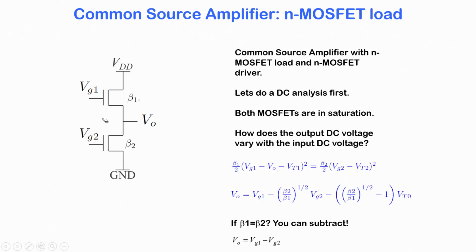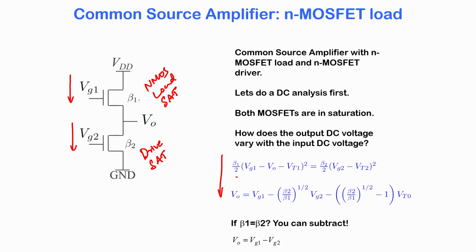So, in our attempt to increase RL, let us have a circuit which has two n-MOSFETs: an n-MOSFET driver which is biased in saturation, and an n-MOSFET load which is also biased in saturation. To make sure that these two are biased in saturation, you can do a DC analysis, which I will leave as a homework problem, wherein you just equate the currents in these two devices.